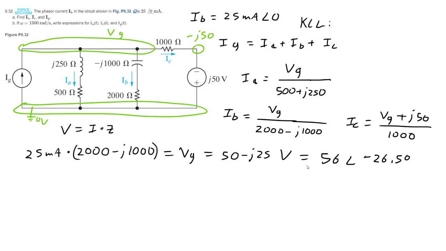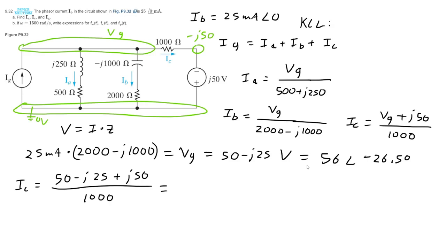So we're going to use that to find the rest of our currents. I'll start with IC. IC is going to be 50 minus j25 minus minus 50, so we'll just do plus. We already put it in the expression. j50 over the impedance, which is 1000.